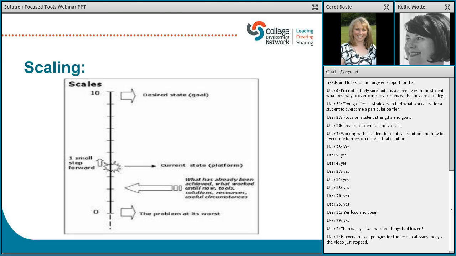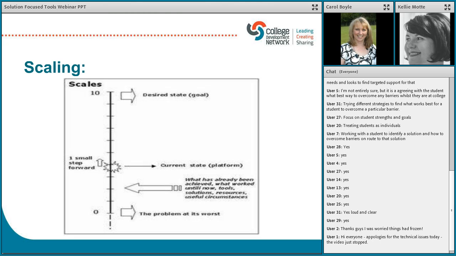Another example I'm just going to share with you is scaling, and I have mentioned scaling in the past, but it's a really flexible technique that can be used by an individual to identify movement in their problem or the challenges that they're facing.